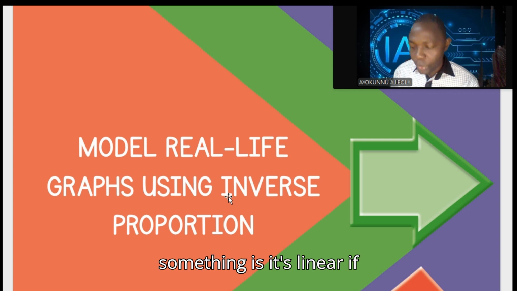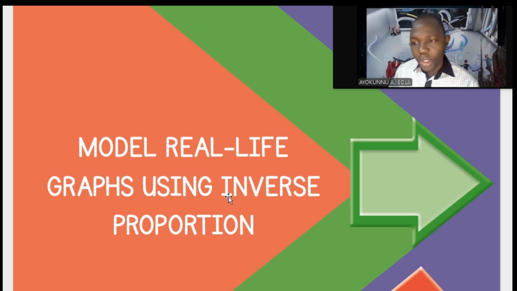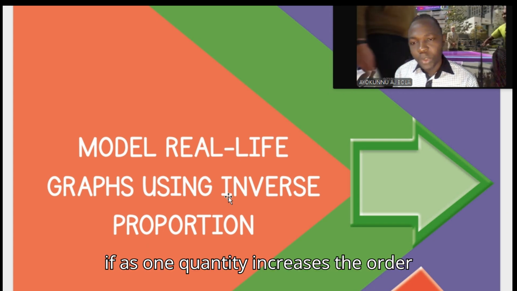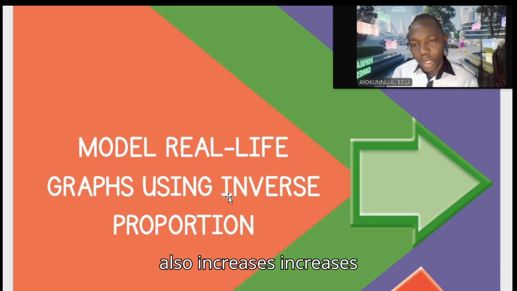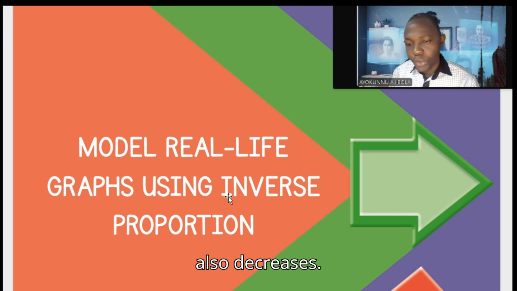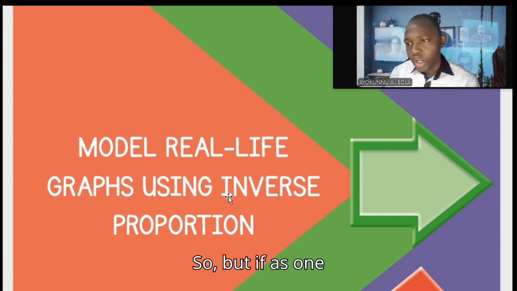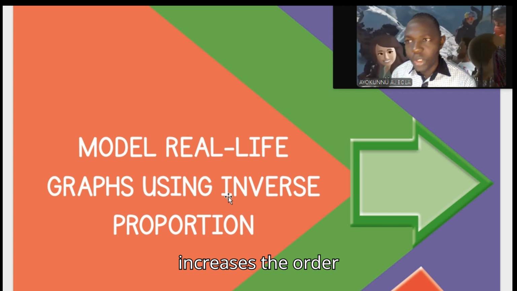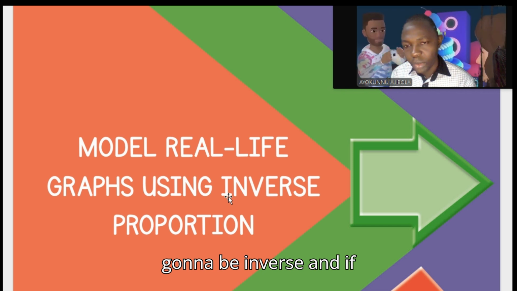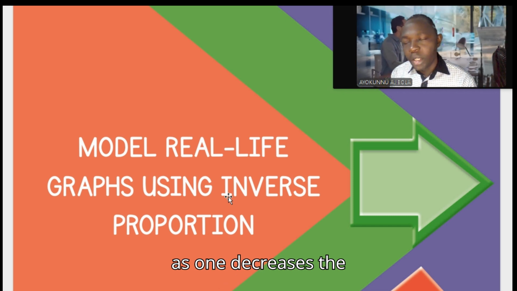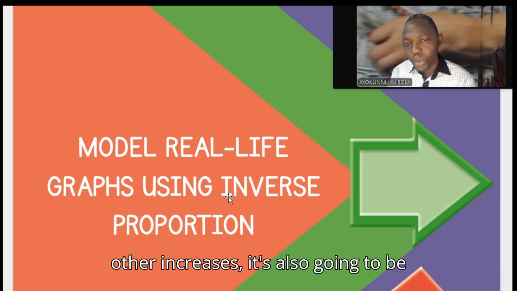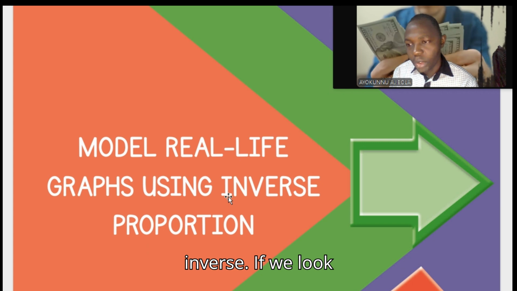It is linear, or direct, if as one quantity increases, the other also increases, or as one decreases, the other also decreases. But if as one increases, the other decreases, then it's going to be inverse. And if as one decreases, the other increases, it's also inverse.